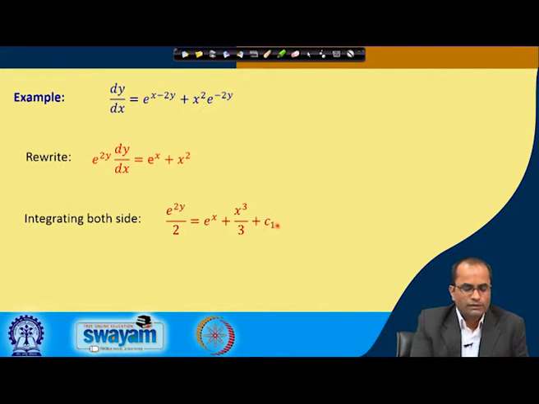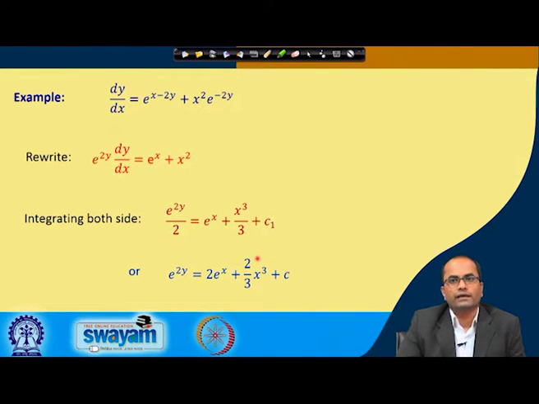Now we can multiply by 2, just to rewrite the solution. So, we have e power 2y is equal to, with the 2 going to the right hand side, 2 e power x plus 2 by 3 x cube plus 2 times c1, which we denote again by a constant c.